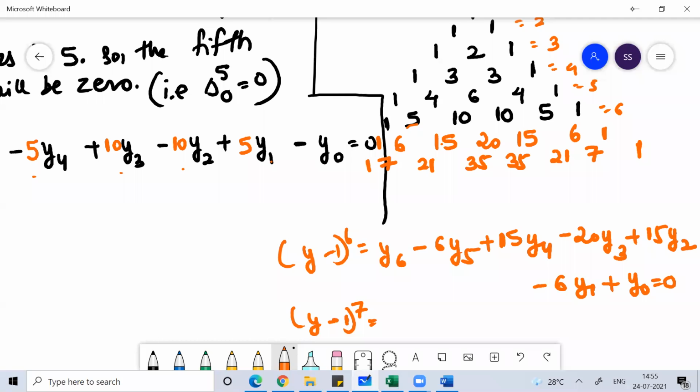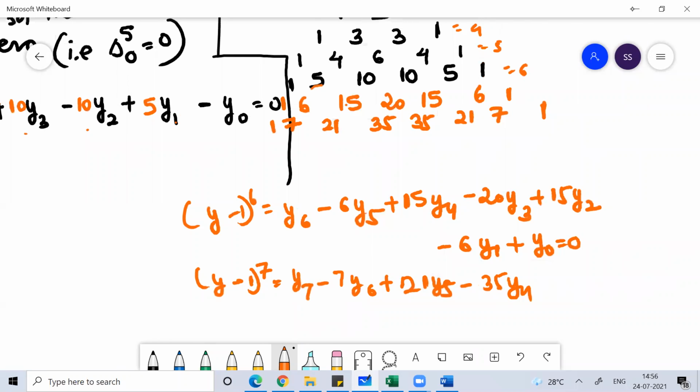So (E minus 1) to the power 7 means y7 minus 7 y6 plus 21 y5 minus 35 y4 plus 35 y3 minus 21 y2 plus 7 y1 minus y0 equal to 0.